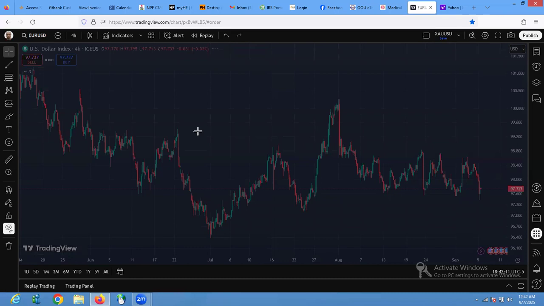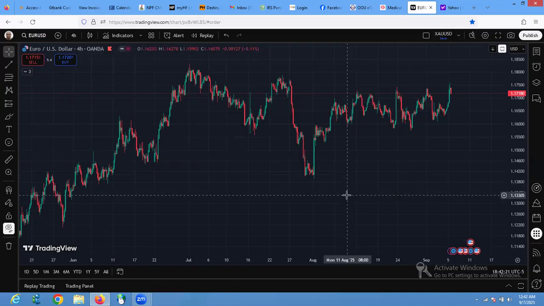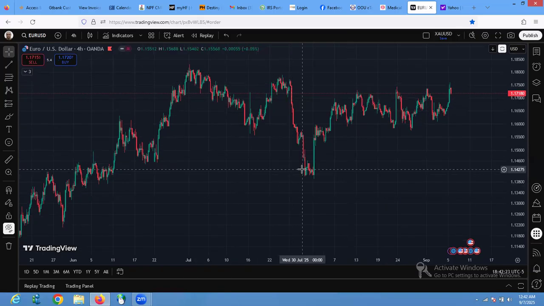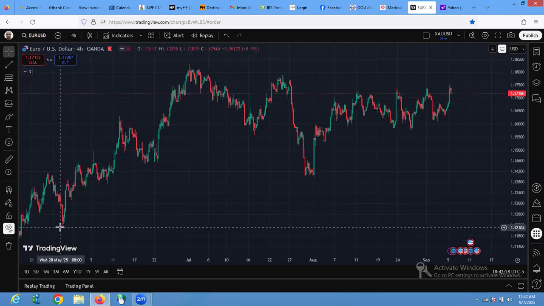Looking at EUR/USD, the same thing applies if we count the correction. The fourth wave can still come to this area.